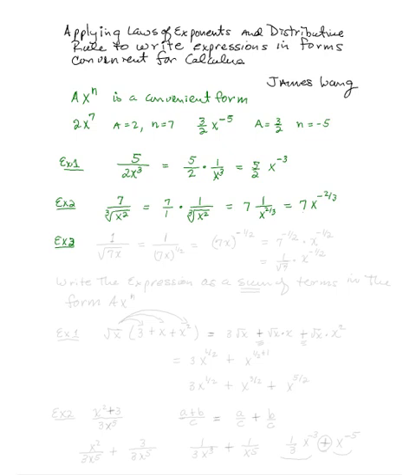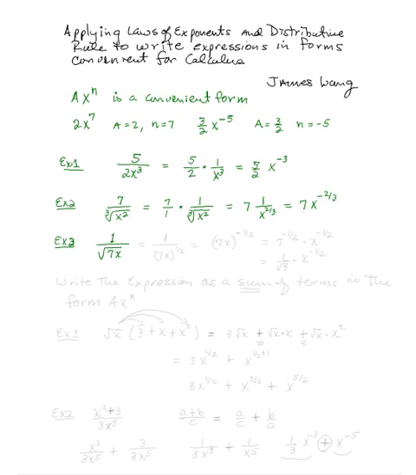So, the next one, 1 over the square root of 7x, and 7x is under the square root sign. Okay? So, now there's a couple of ways to go about doing this. Again, you should pause before we do this and see if you can come up with something.